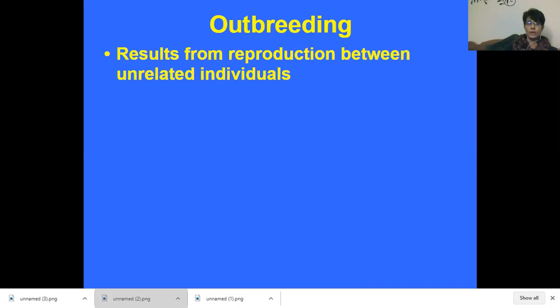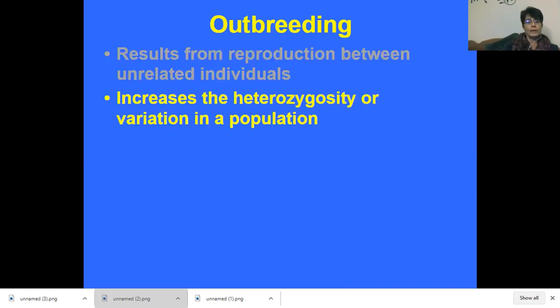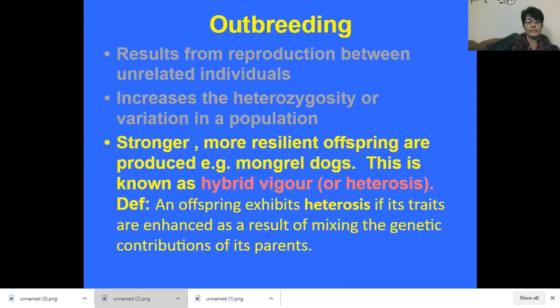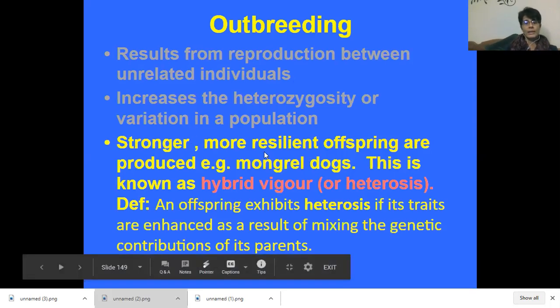And with the Afrikaner population, it's weird to say this about humans, but yes, there's more outbreeding because now there's more marriages between different groups of people, not just only within the Afrikaner community, or only within, I don't know, the Portuguese community, because I'm not Portuguese, but I am married to a Portuguese person. All right, so it's all about increasing heterozygosity, because then they are stronger, they're more resilient.